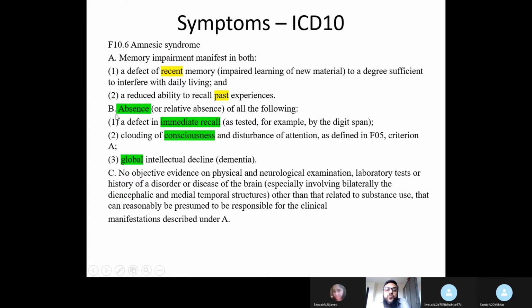But then number two, there is the past, the retrograde memory and the long-term memory as well: a reduced ability to recall past experiences. So short-term memory may be anterograde or retrograde.